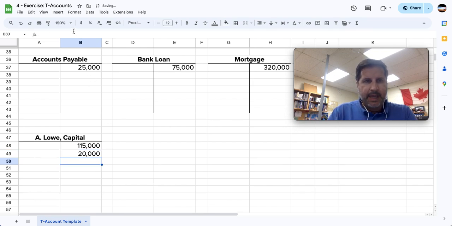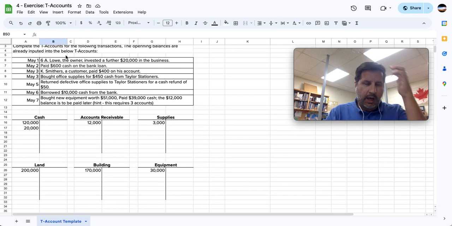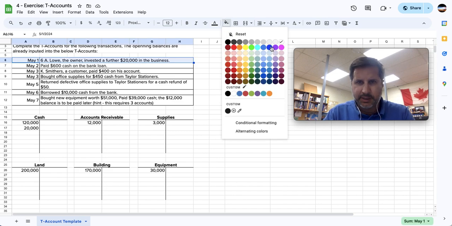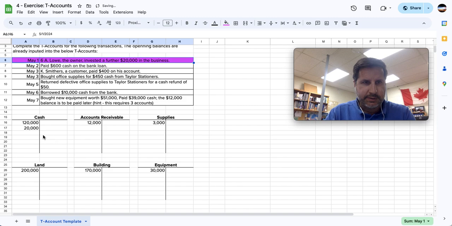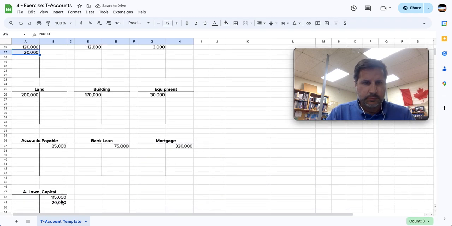All right. And to simplify things, I am going to color code these for you. Accountants don't typically color code, but let's do this. So 20, 20.